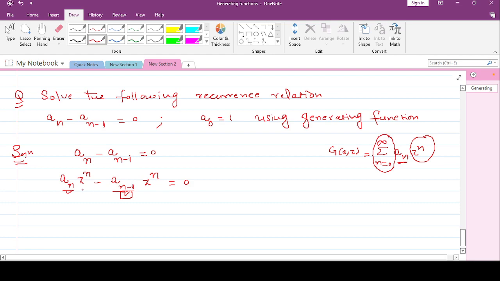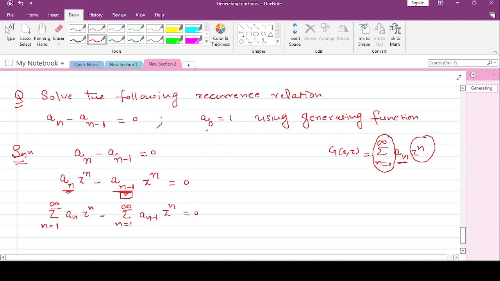So if we start this summation from 1 to infinity, then the subscripts become 0 and 1, and no subscript remains negative. So take the summation for n from 1 to infinity of a_n z raised to the power n, minus the summation for n from 1 to infinity of a_n minus 1 z raised to the power n, equal to 0.